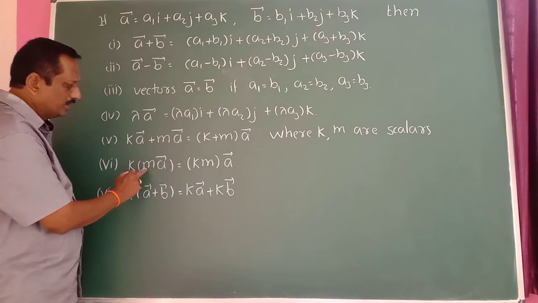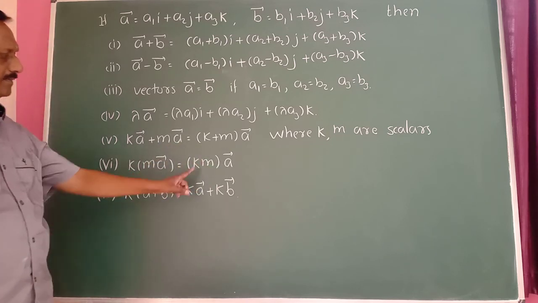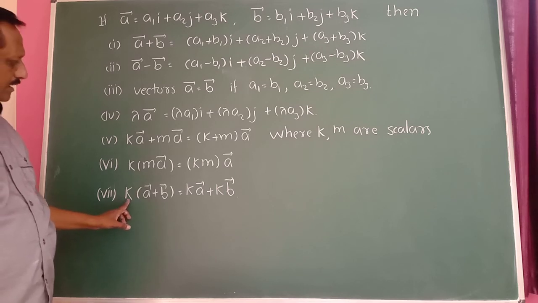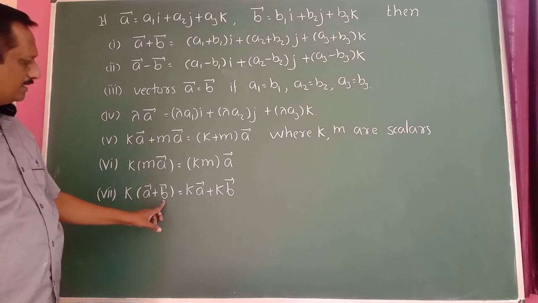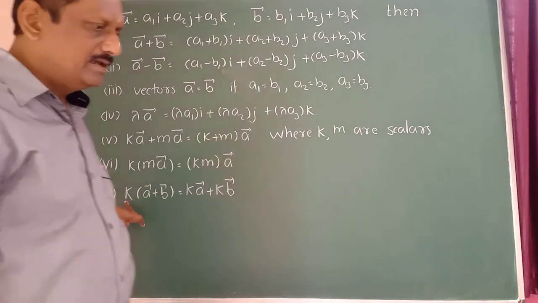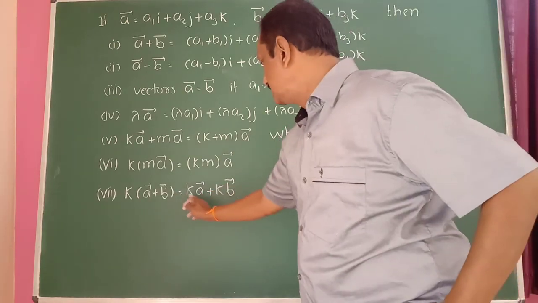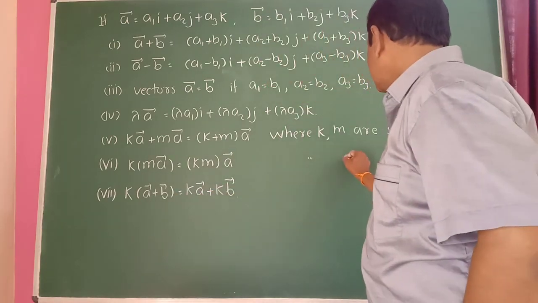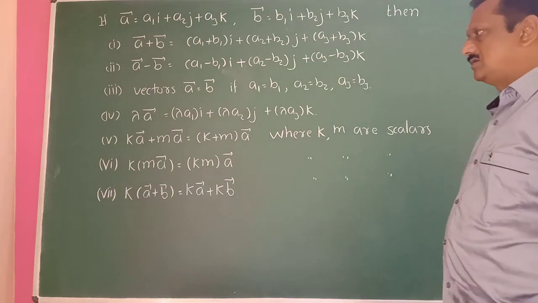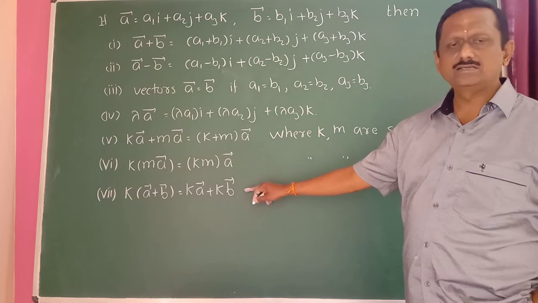Also, k into (a bar plus b bar) is equal to k a bar plus k b bar, meaning take k inside the bracket. Here k and m are the scalar quantities. In that case, these three properties are satisfied.